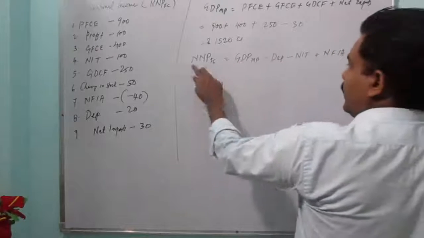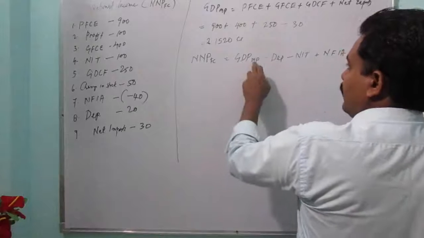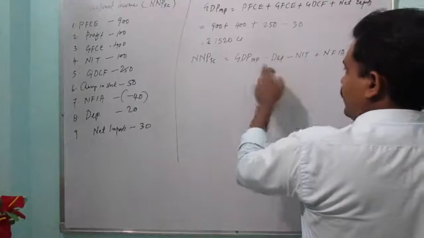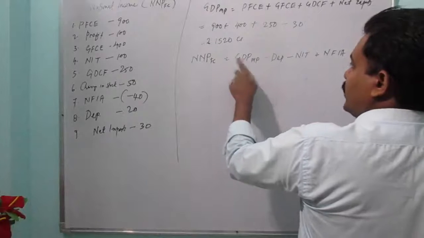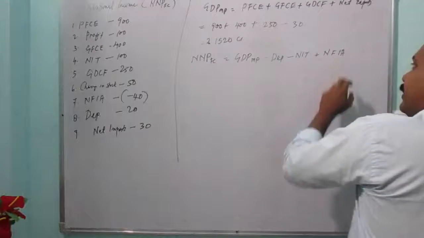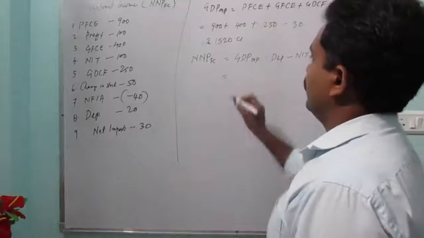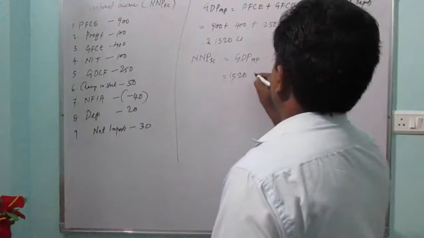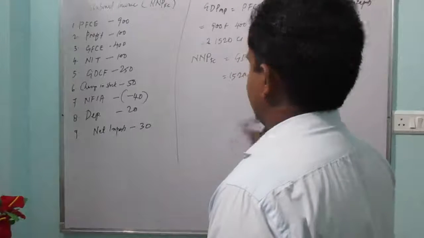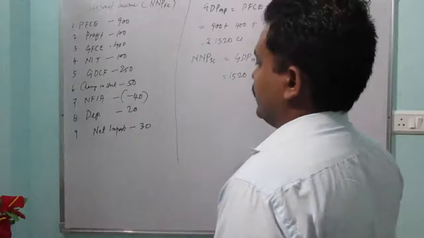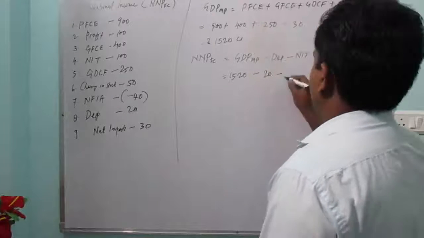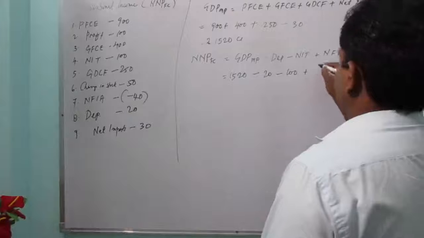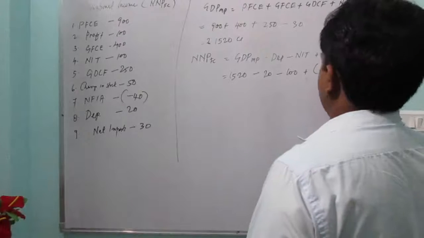Gross into net, depreciation; market price into factor cost, NIT, need to reduce; and then domestic into national, you need to add NFIA. So GDP MP 1520 minus depreciation 20 minus NIT 100 plus NFIA, that is minus 40.